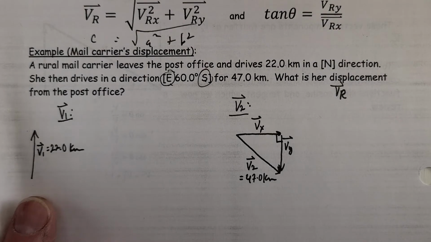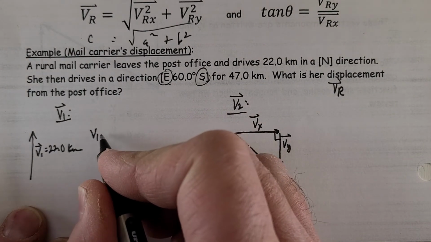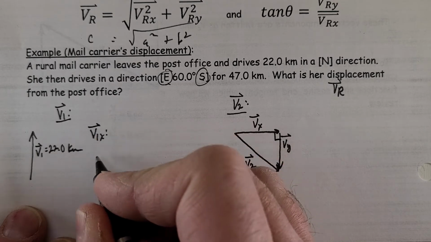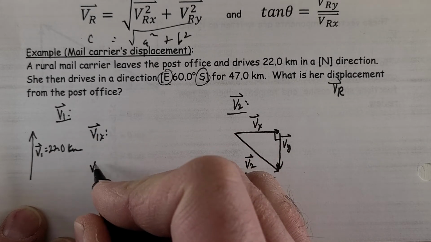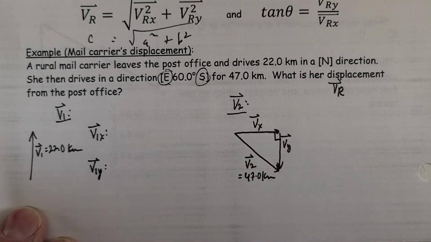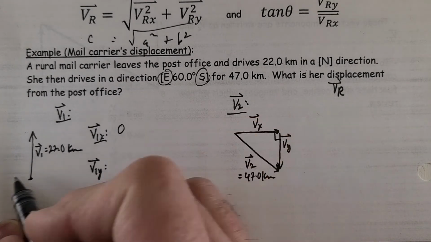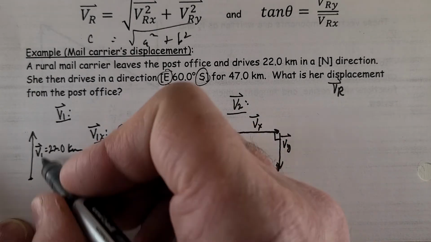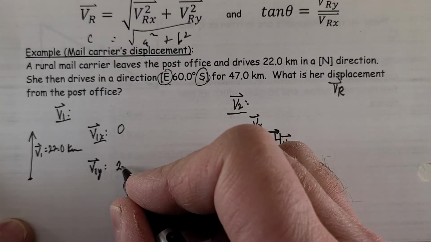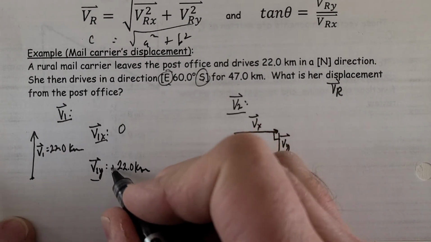If I look over here and break V1 down into an X movement and a Y movement, this is what I would have. In the X direction, to go from start to finish, I didn't move anywhere horizontally, but vertically I moved 22 kilometers, and it's positive.